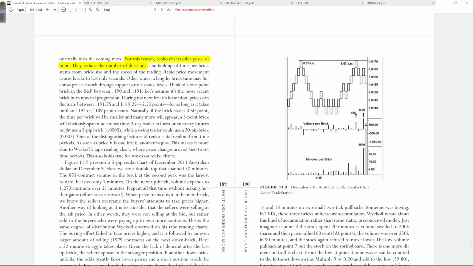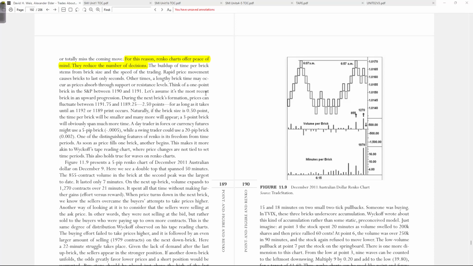rapid price movement. The buildup of time per brick stems from brick size and the speed of the trading range. Rapid price movement causes bricks to last only seconds. Other times, a lengthy brick time may occur as prices absorb through support or resistance levels. Think of a 1 point break in the S&P 500 between 1190 and 1191.